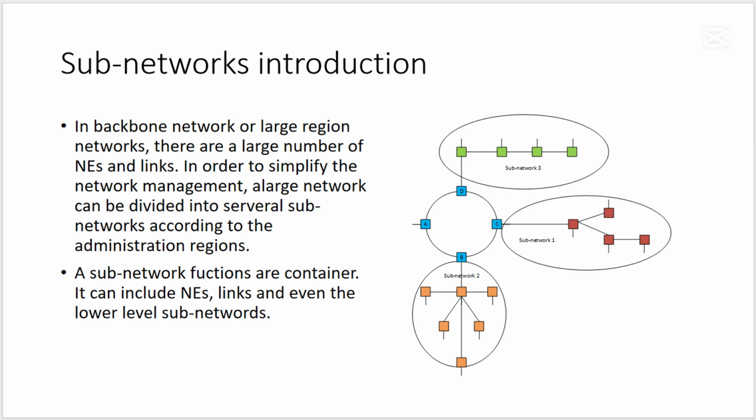In a backbone network or large regional network, there are a large number of NEs and links. In order to simplify network management, a large network can be divided into several subnetworks according to administration.